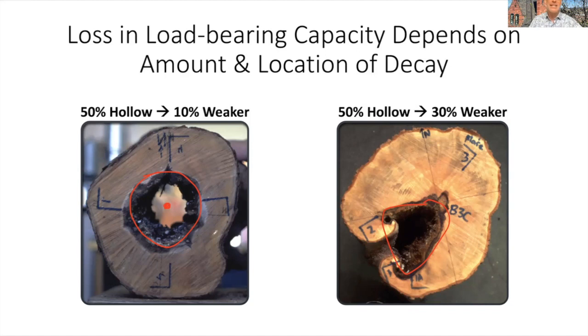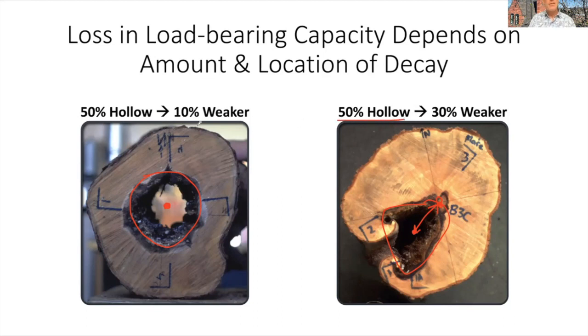In the image on the left, the decay is centered right on the pith. So we call this concentric decay. But in the image on the right, you can see how there's a bit of a distance between the center of that area and the pith in the stem. So when the decay is off center like that, it reduces the load-bearing capacity more, even if it's the same amount hollow.